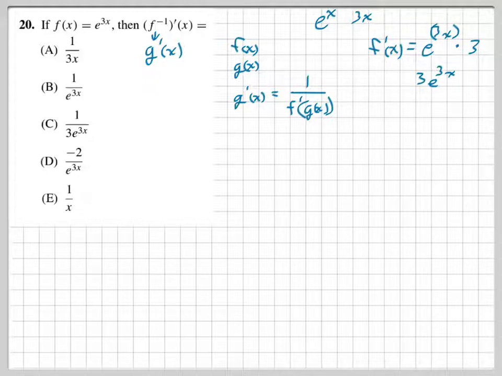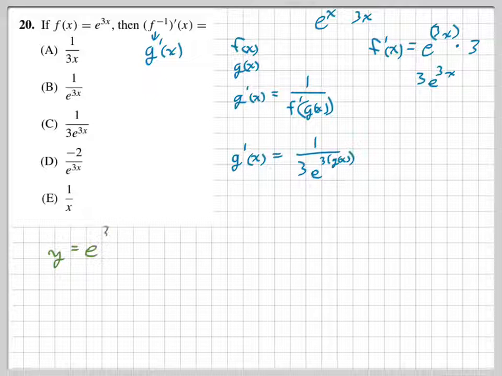So that means g prime of x is going to equal 1 over 3 e to the 3x, but inside the x, we have the g function. So we've got to find that g function. I'm going to change that f of x into a y. I'm going totally old school algebra right here. I'm just going to switch the x and the y and solve for y, and that will be my inverse function.